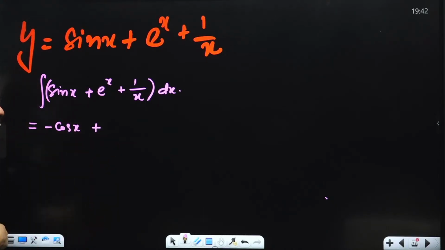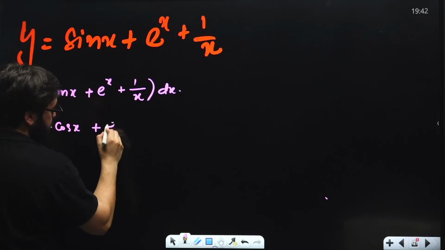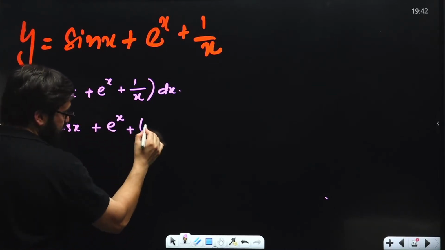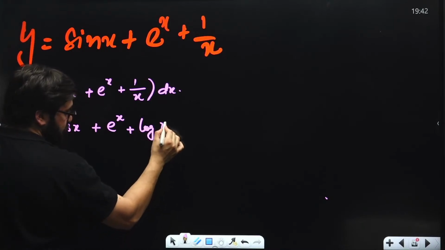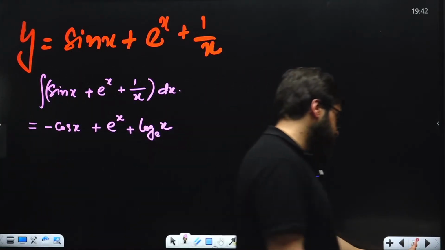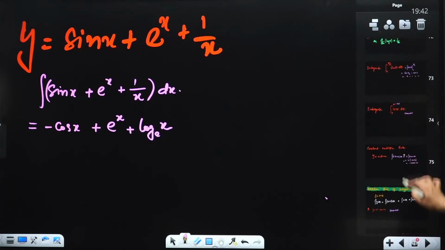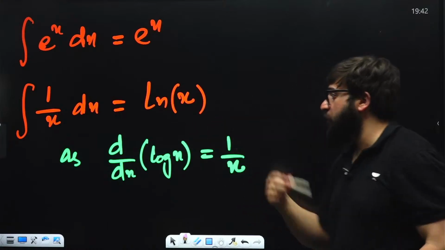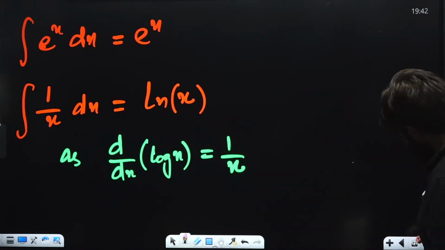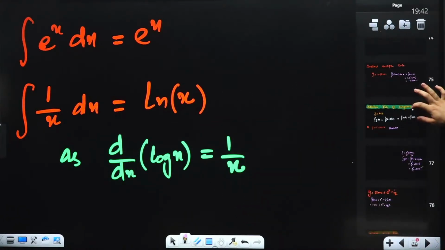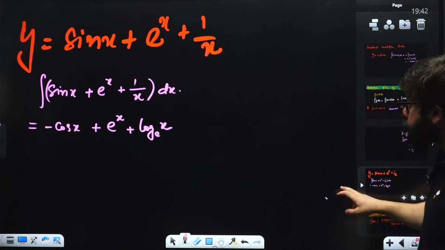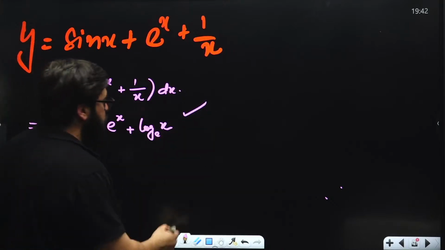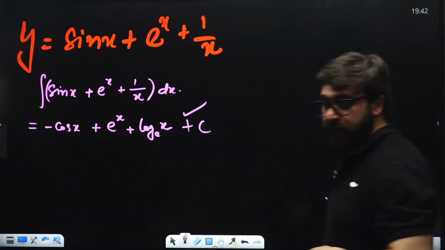Then plus integration of e raised power x is e raised power x. And integration of 1 by x is ln of x or log to the base e of x. So, done. Then we add plus c.